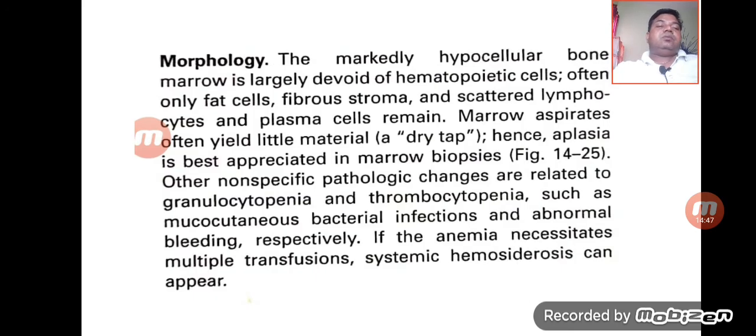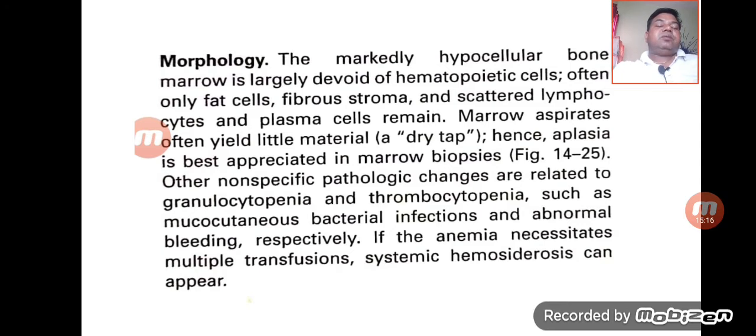So now coming to the morphology, we will see the important findings in the bone marrow. The bone marrow is hypocellular and devoid of hemopoietic cells, and most of the time there is an increase in fat cells, fibrous stroma, and scattered lymphocytes and plasma cells.